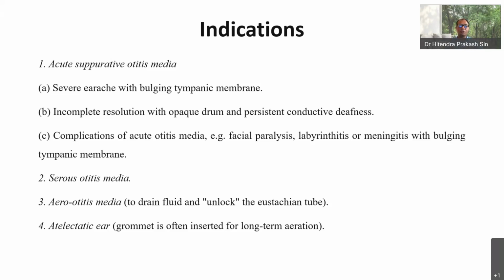In cases of atelectatic ear, in which the tympanic membrane is almost adhered and fixed to the promontory, myringotomy is done and a grommet is inserted so that the aeration of the middle ear can happen and the tympanic membrane may become normal.